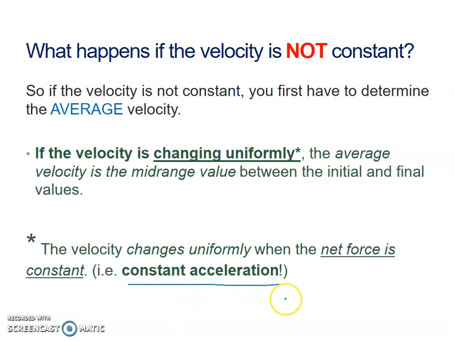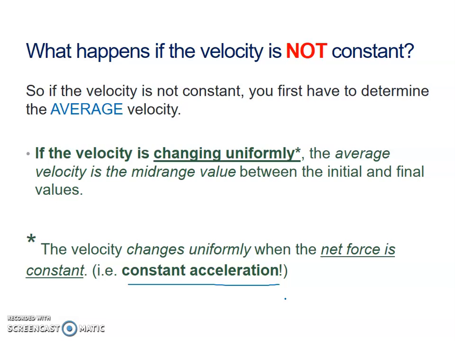Constant acceleration is such a difficult term for a lot of students to get. And I think the reason is the word constant seems to mean like nothing's happening. But acceleration means that something's definitely happening. And in fact, something's definitely changing. So constant doesn't mean that nothing's happening. Constant velocity means that you're constantly changing your position.